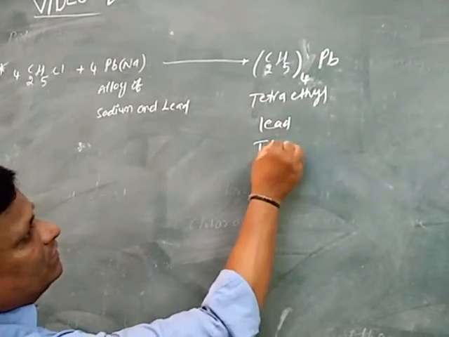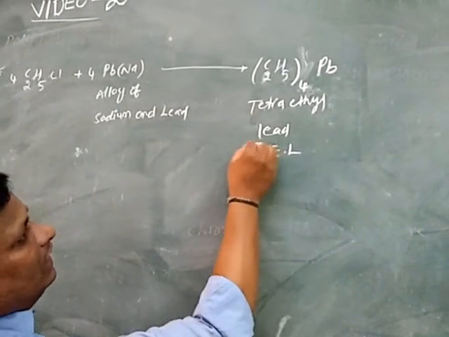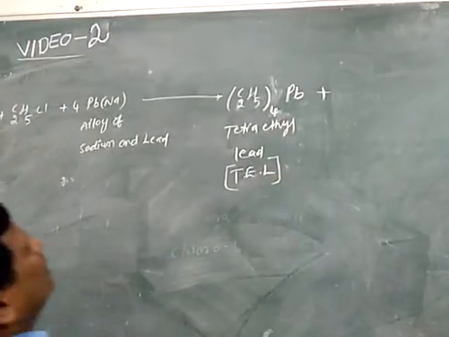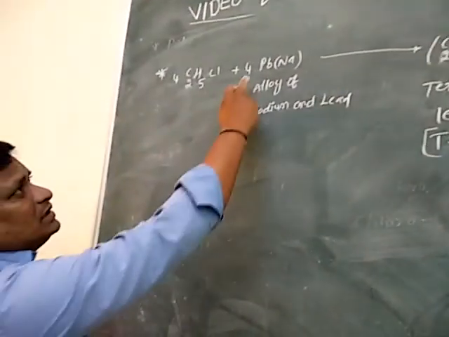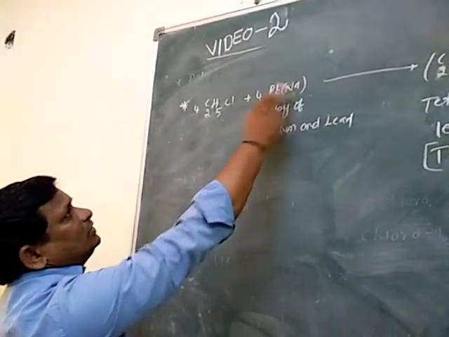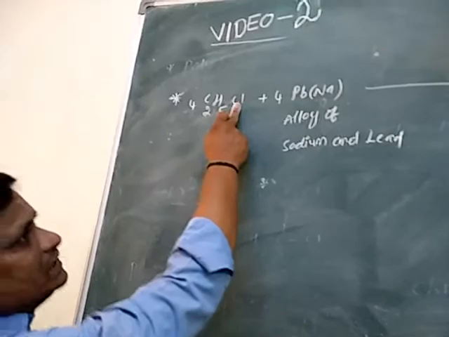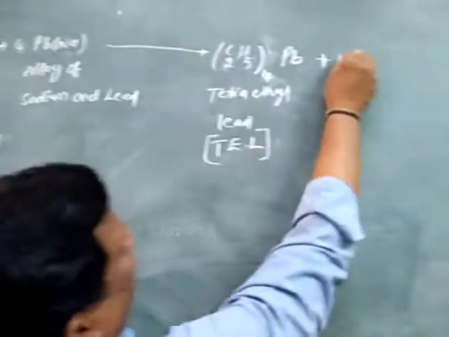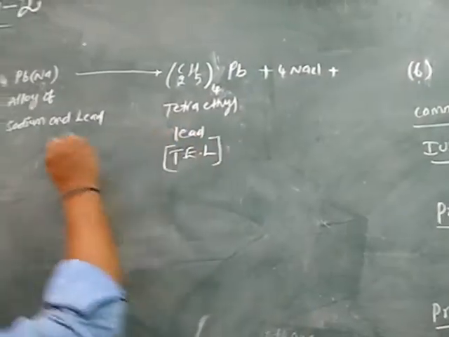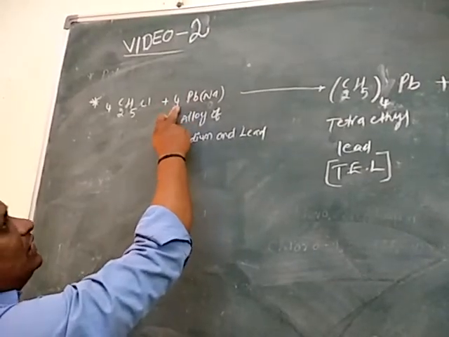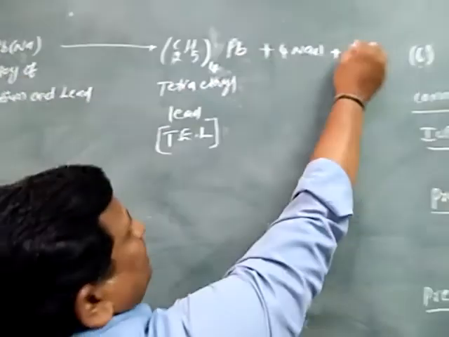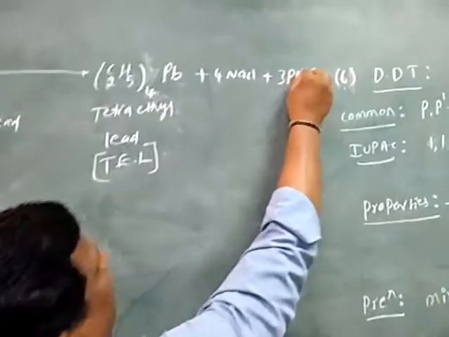Simply it is denoted TEL, tetraethyl lead. The remaining compounds: 4 sodiums and 4 chlorines give 4NaCl, and of the 4 lead atoms, one is present in tetraethyl lead, so the remaining lead atoms are 3.